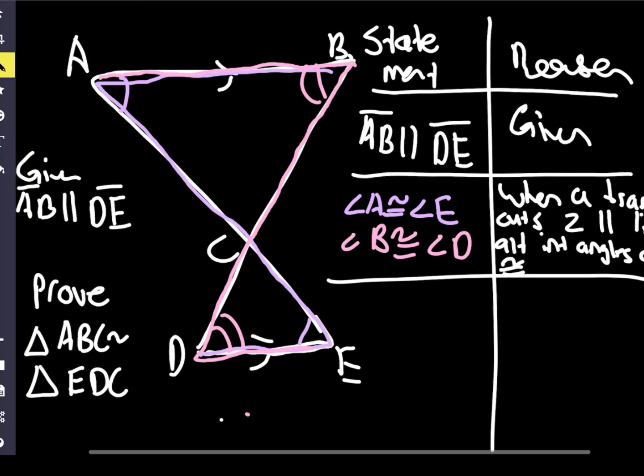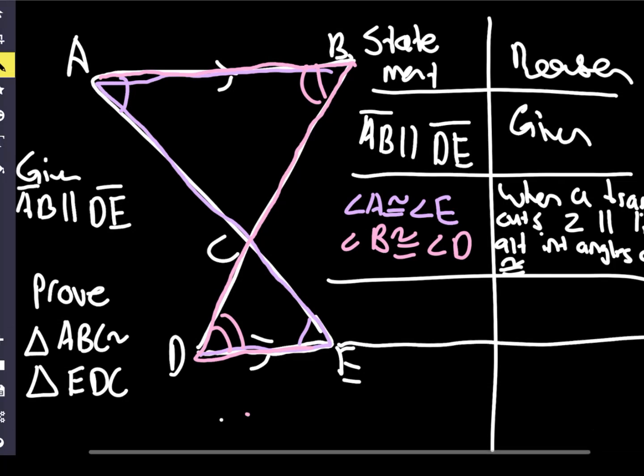Okay? Alt int angles, that's how I abbreviate it because I'm lazy. When a transversal cuts two parallel lines, alternate interior angles are congruent. Okay? So this angle and this angle are congruent. Okay?